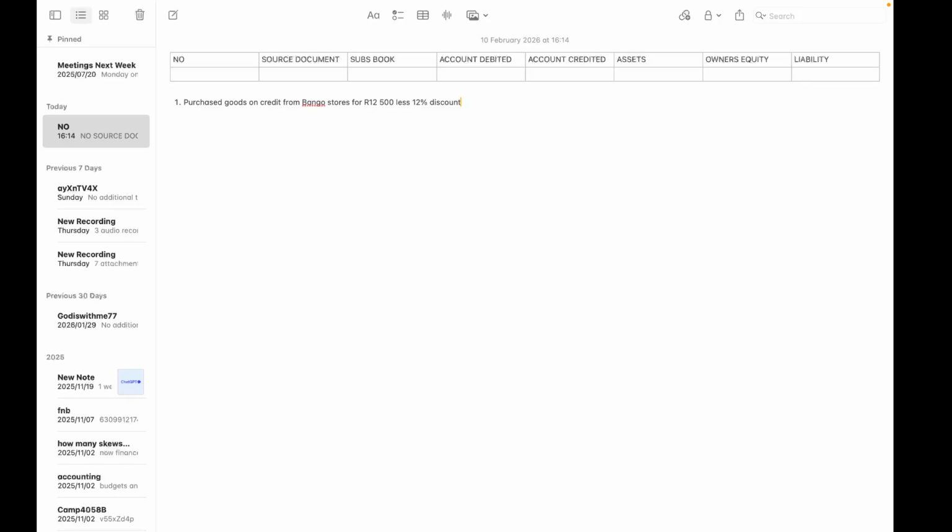So this creditors control or payable is going to be credited. And what's going to be debited is our trading stock. Why? Because we purchased goods on credit, and usually in this context, goods is inventory. Inventory is trading stock, and trading stock is an asset because we are going to be able to have that asset and then sell it to other people.